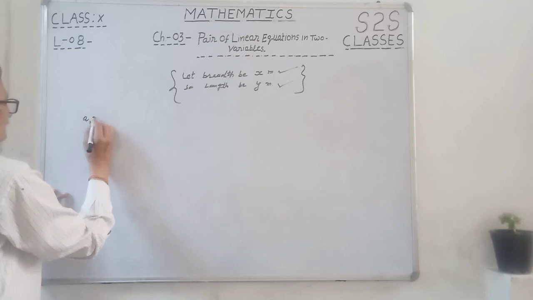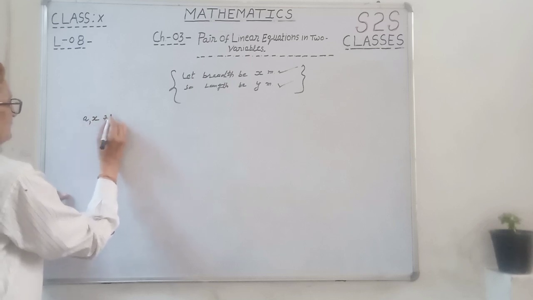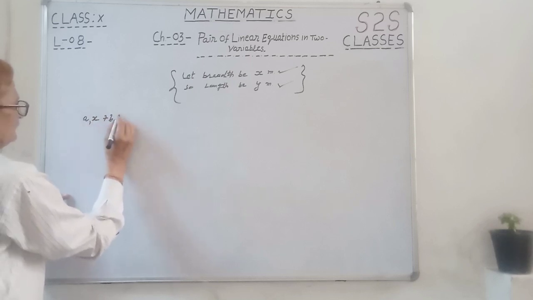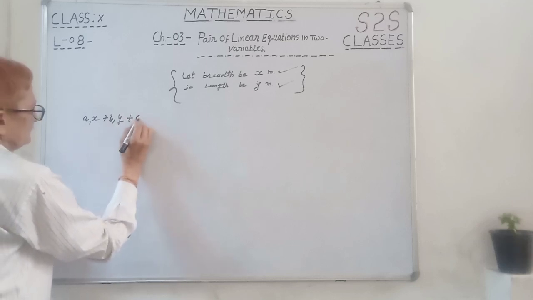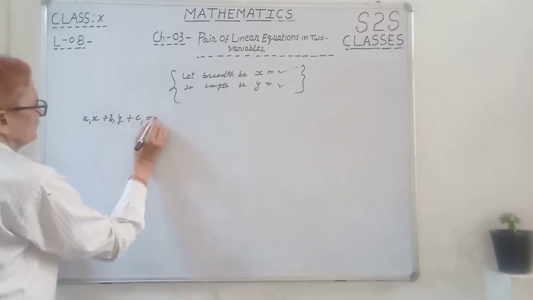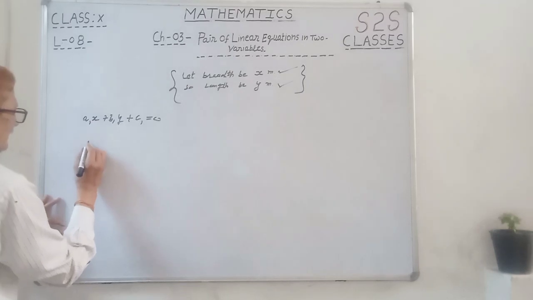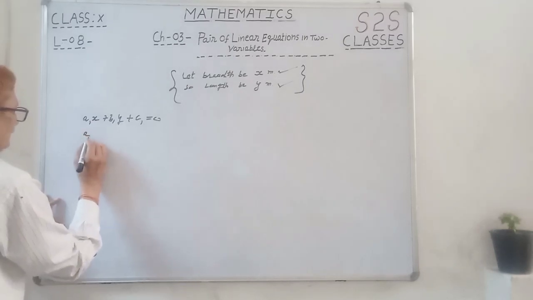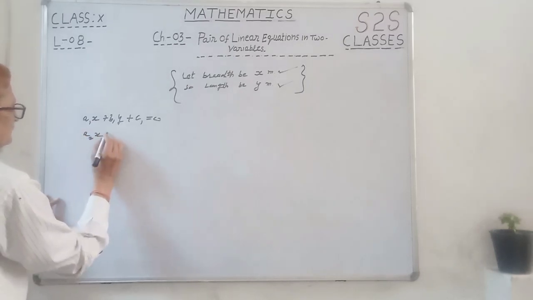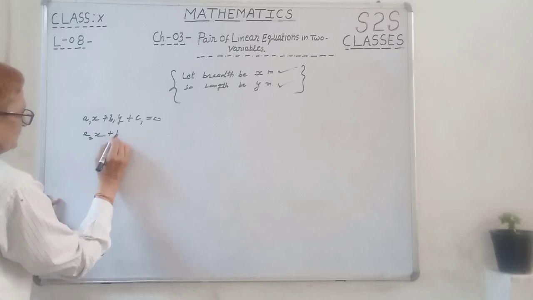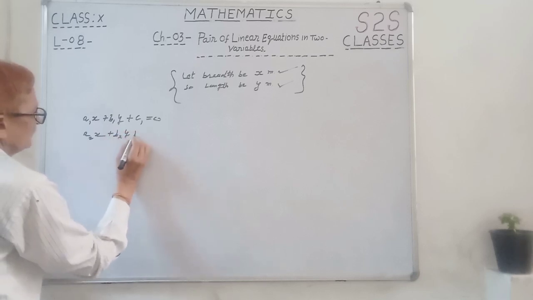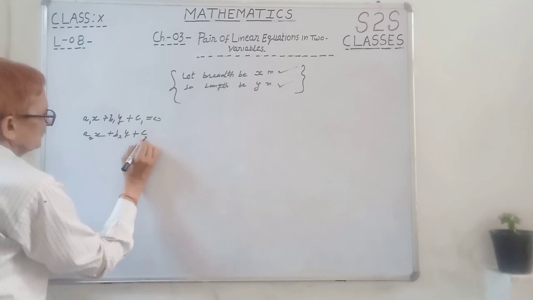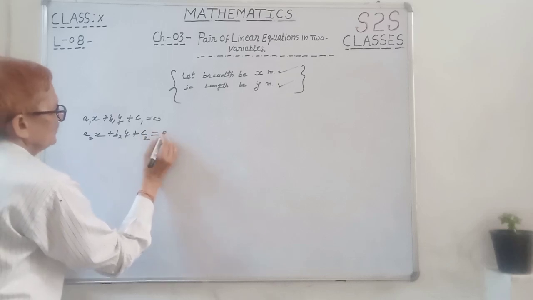a1x plus b1y plus c1 equal to 0, the first equation. Second, a2x plus b2y plus c2 equal to 0.